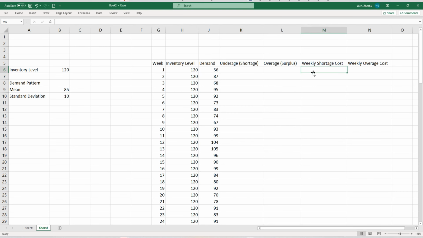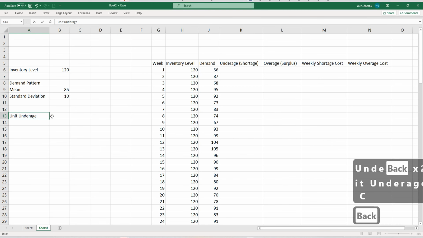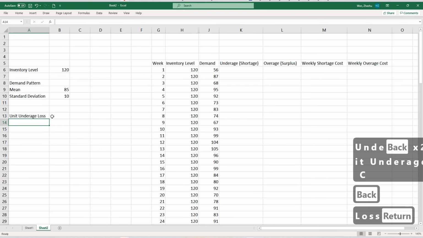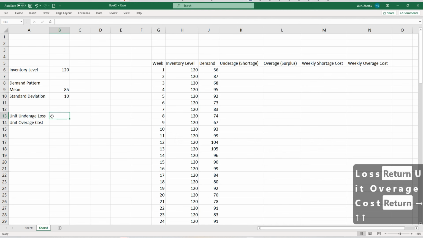So let's maybe complete this part first. Oh, I didn't give you what's the unit underage loss, unit overage cost. Let's just use a cost parameter.